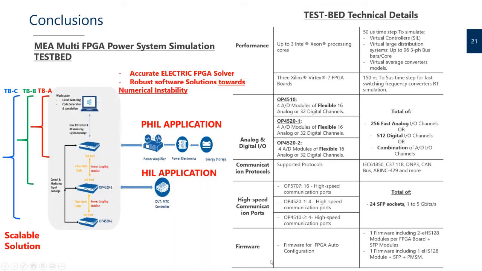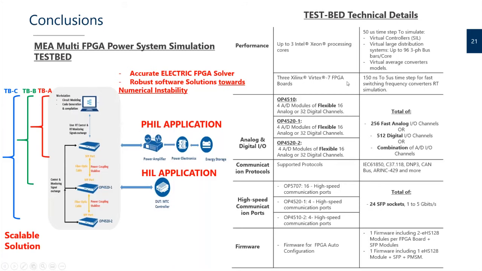So this table here summarizes the performance and the technical details of the basic solution. The basic solution can come with up to 3 Intel processors that can be used, as we said, to simulate slow switching frequency phenomena and the mechanical parts, and controllers in software in the loop simulation.